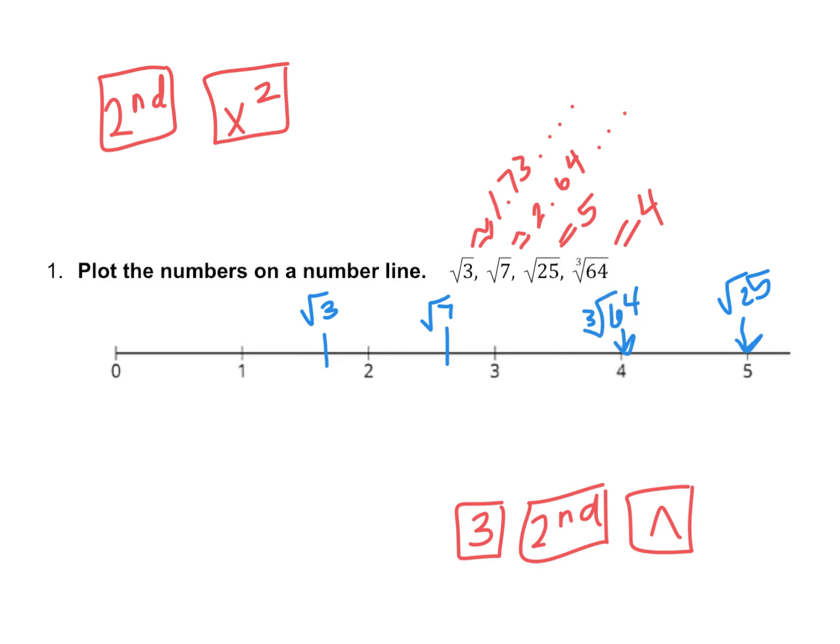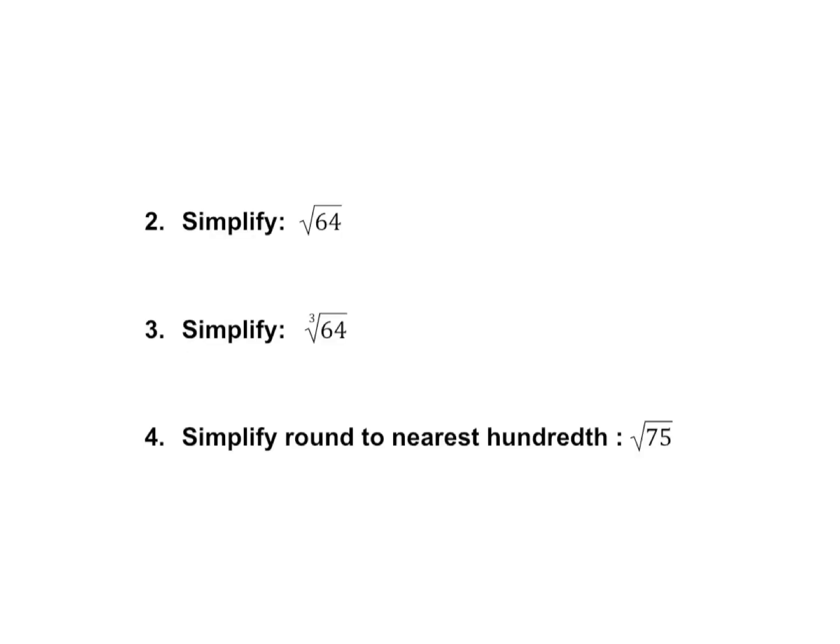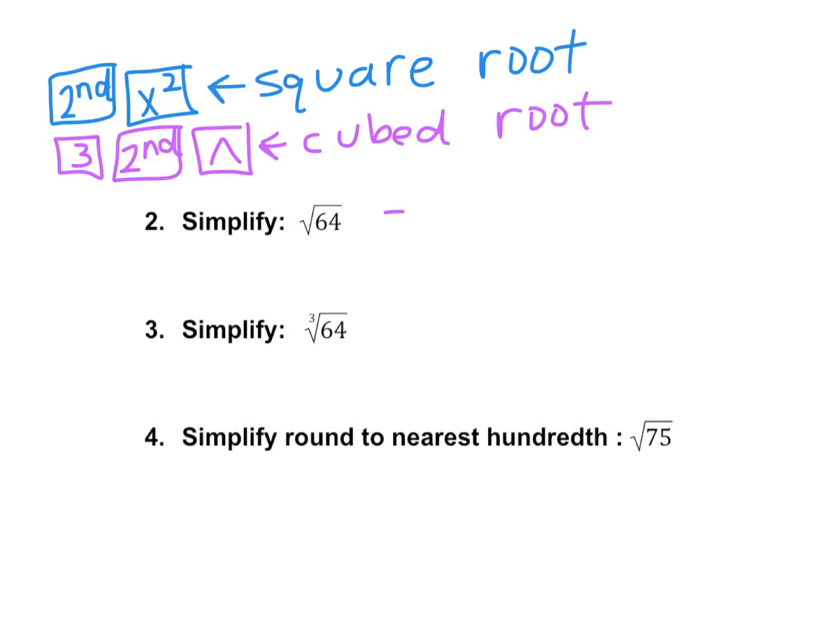Okay, notice I put the original values on my number line. Okay, next we're going to simplify. So let me put those reminders on there again. Okay, so there's our keys to access the square root and the cubed root on our calculator. So the square root of 64, well, that's a perfect square because 8 times 8 is 64. So I know that this one is going to be 8.